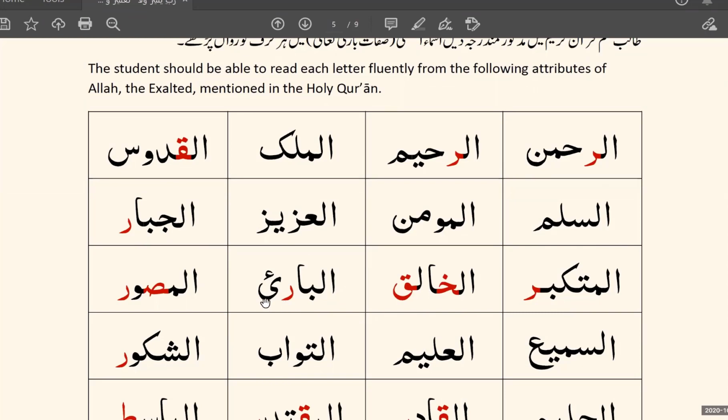Hamza over Ya. On this is Ya, and on top of there is Hamza. Hamza sometimes comes just on the floor, just on the line, and sometimes it takes Alif, Waw, and Ya. In this case, Al-Bariu, this is basically a name of Allah, Hamza over Ya. Okay, next. Alif, Lam, Mim, Swad, Waw, Ra. Okay, good. Well done. Excellent.